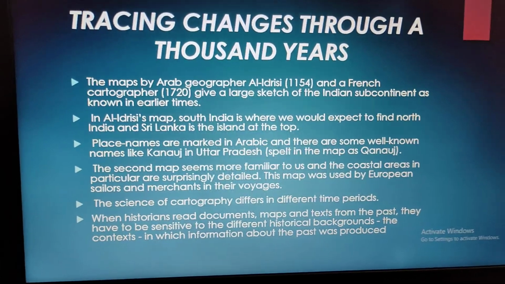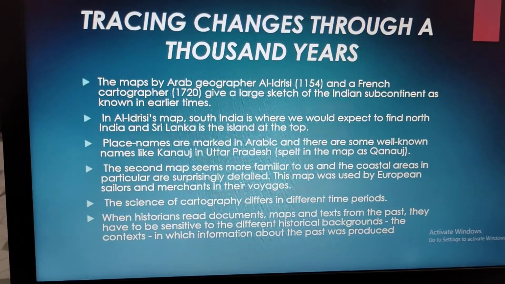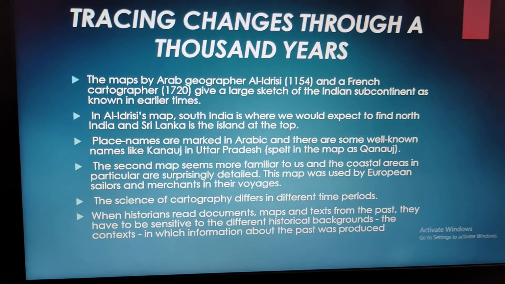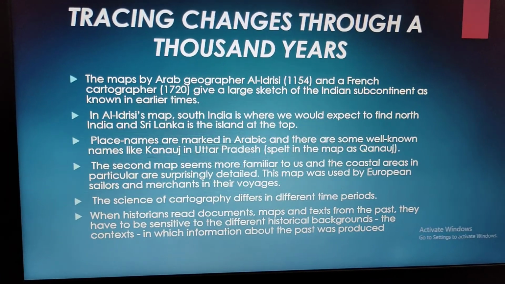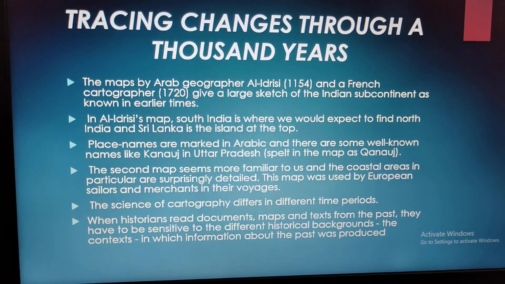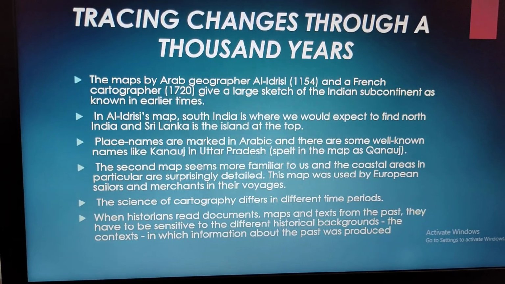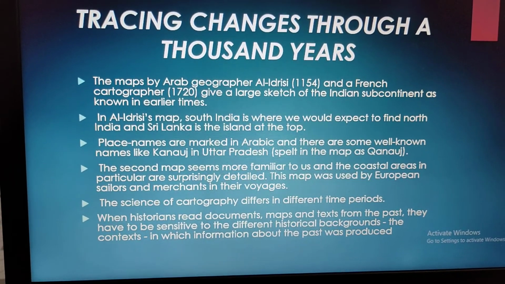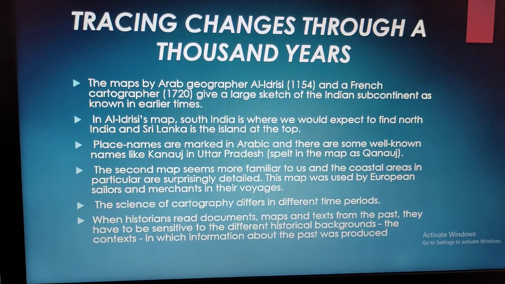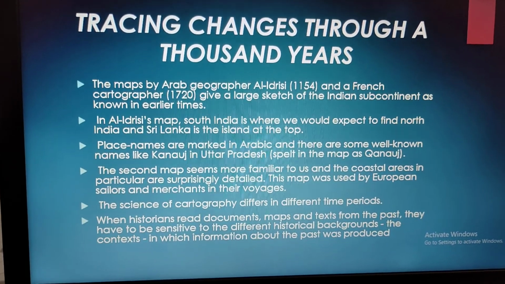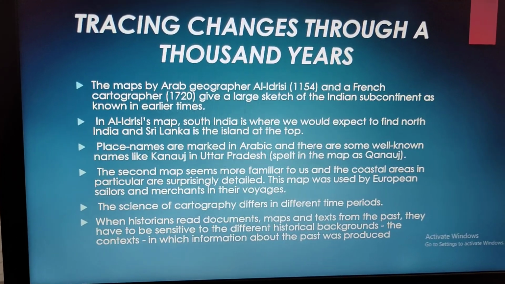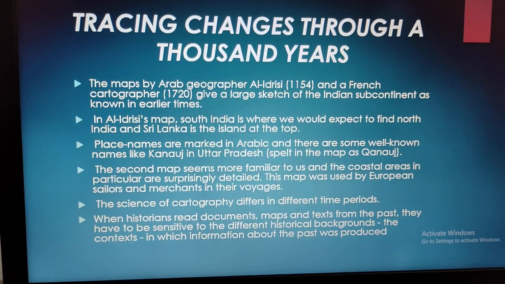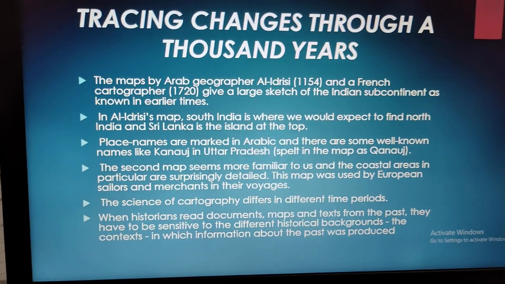So maps differ in different time periods according to the political changes which take place. When historians read documents, maps and texts from the past, they have to be sensitive to the different historical backgrounds, the context in which information about the past was produced.